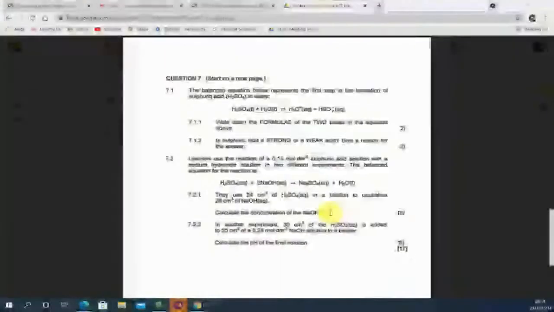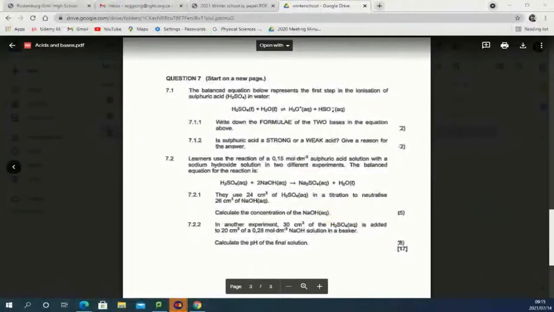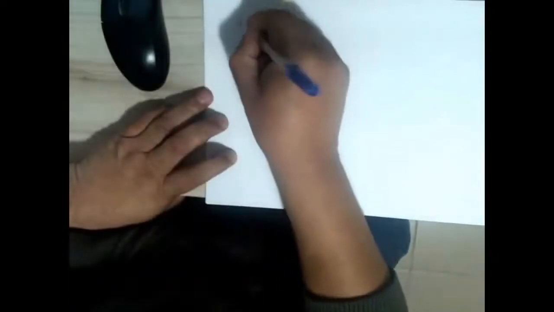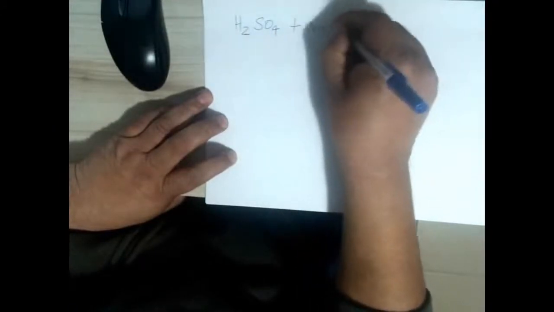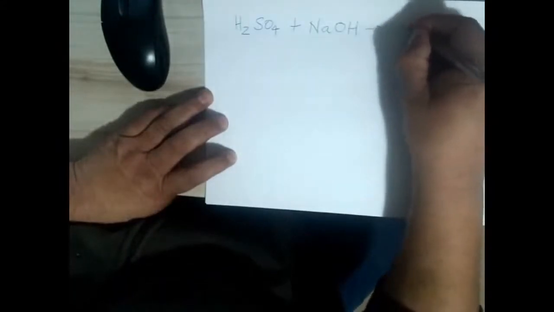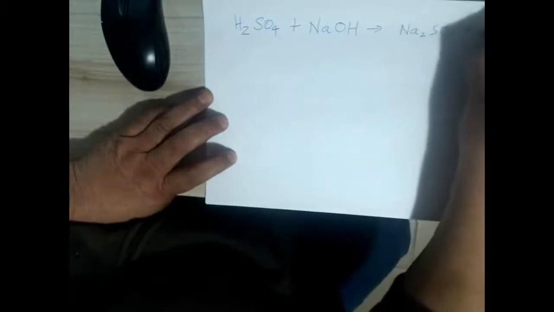Right, so what we have, and I'll switch over to the document camera again, is sulfuric acid reacting with sodium hydroxide, and we're getting sodium sulfate plus water.